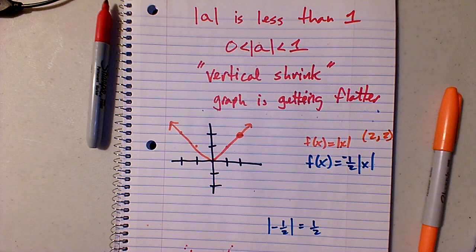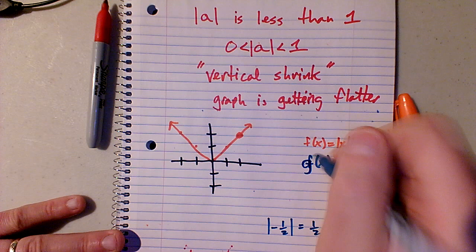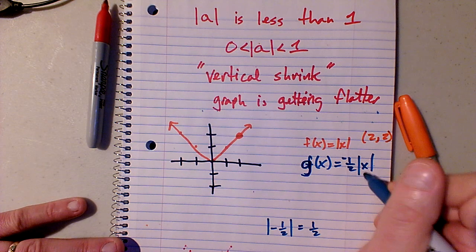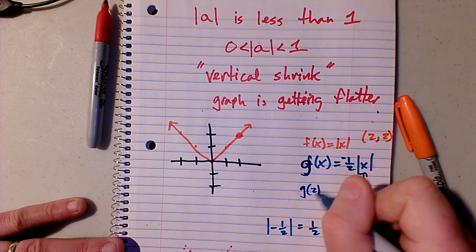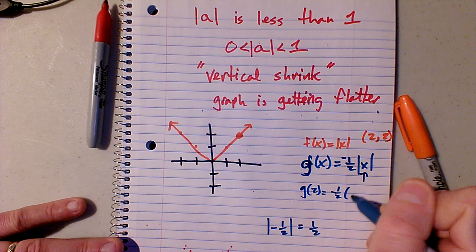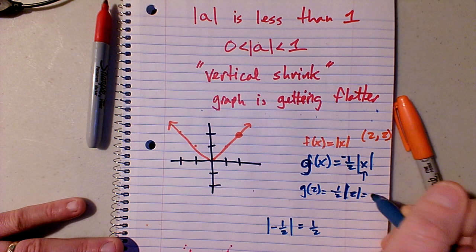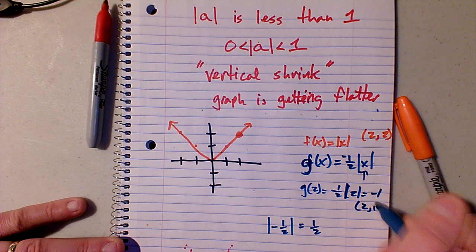For my altered function, I can't call that f of x. Let me call that g of x. For g of x, if I let my input be 2, then g of 2 is going to be negative 1/2 times the absolute value of 2, and that'll be negative 1/2 times 2, which is negative 1. So I have a point at 2, negative 1.